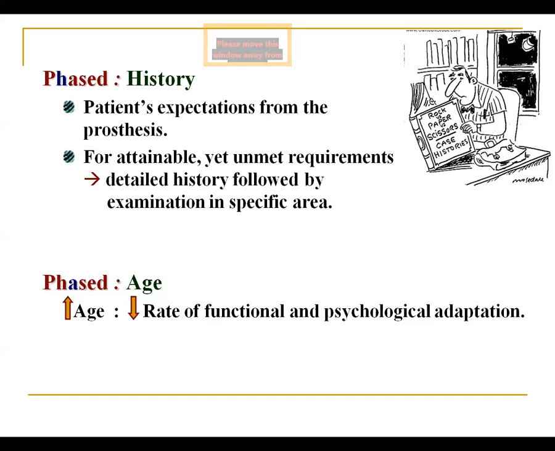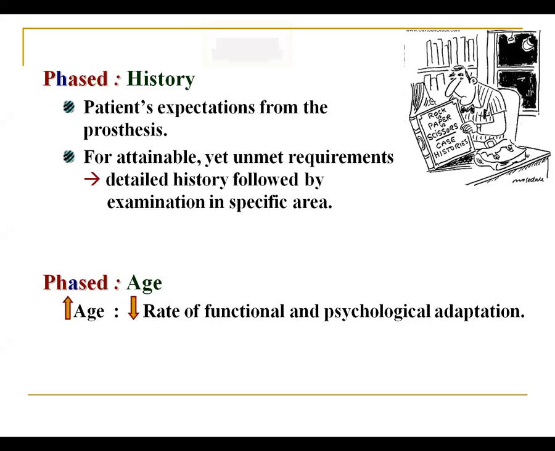Here history is concerned with the patient's expectation from that prosthesis. Afterwards, age. What you should know about age: as age increases, there is a decreased rate of functional and psychological adaptation. All these factors you should know.